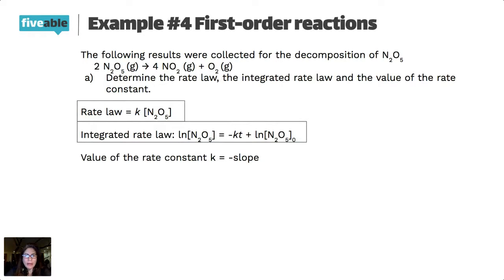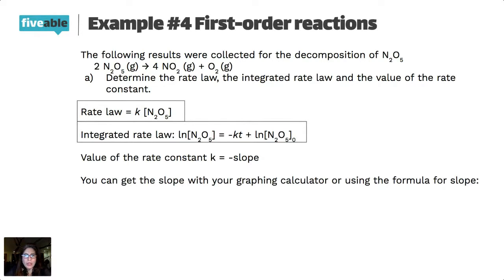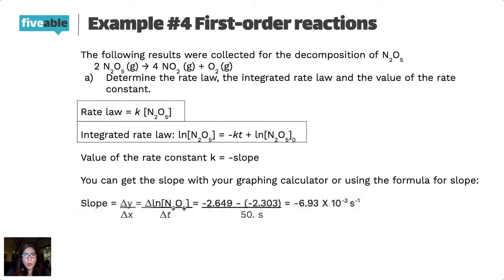So we remember that the value of the rate constant will be the negative slope. You can get the slope with your graphing calculator, or calculate it with the formula for slope, which, as you remember, is change of y over change of x.